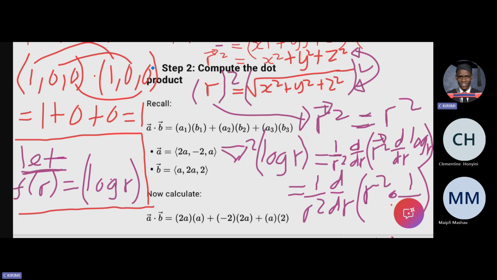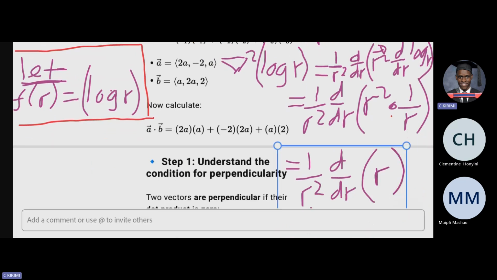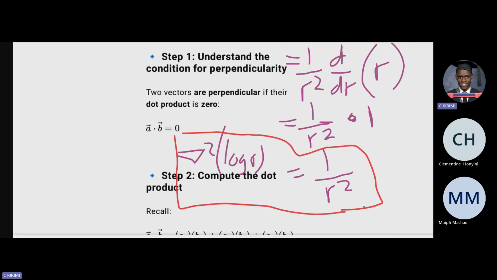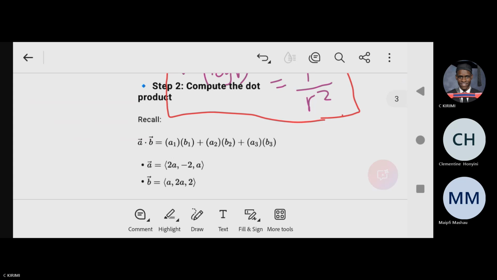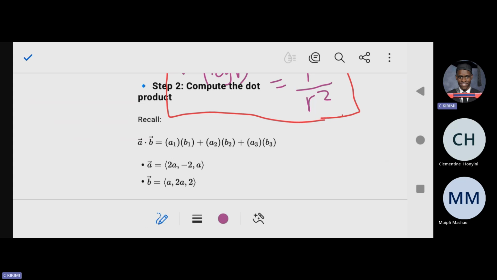How do you differentiate ln r? If I say d/dx of ln r, what is the answer? It's 1 over r. You must just know this one. When you differentiate ln, you get 1 over r.